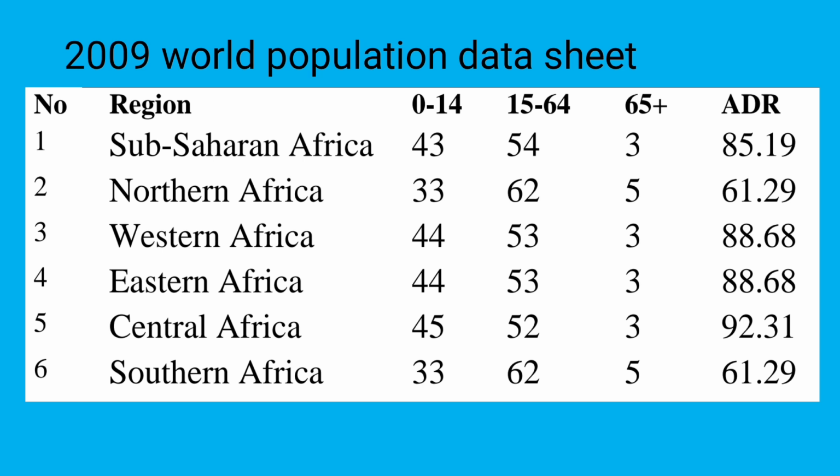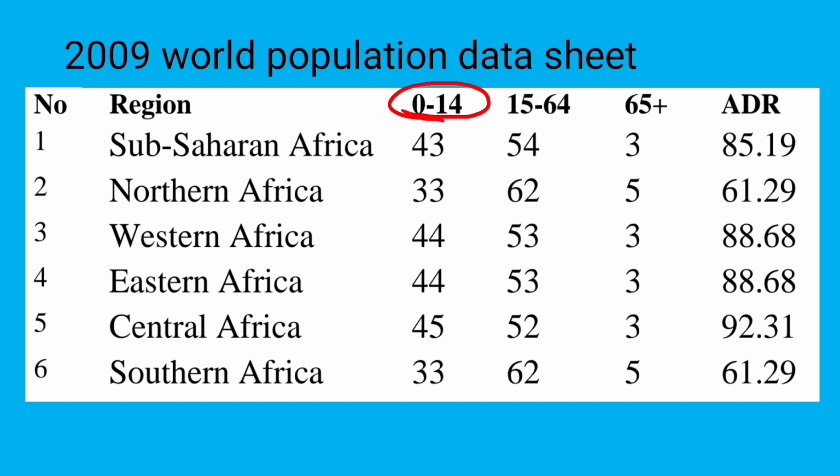According to this datasheet, Sub-Saharan Africa is known for having about 43% aged 0 to 14 years, whereas the 15 to 64 age group is about 54%.